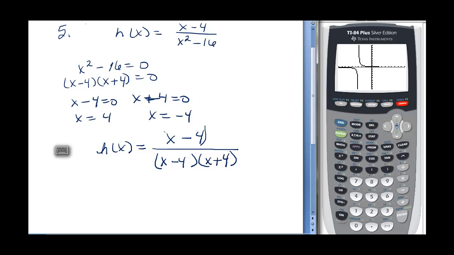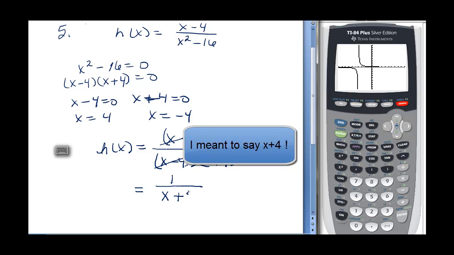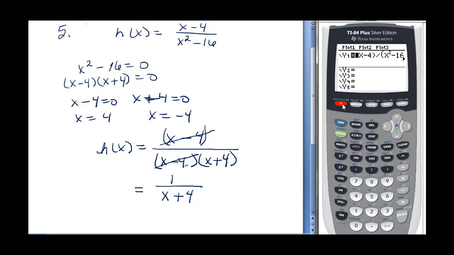So we can divide out those factors. So what our graph is going to look like is really the same graph as 1 over x plus 4.